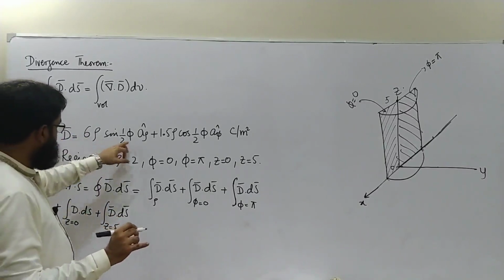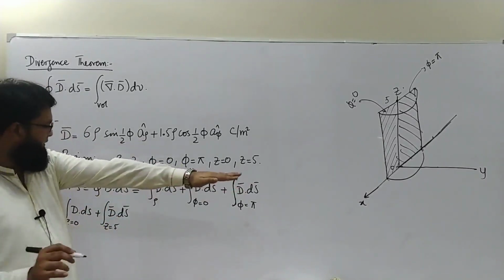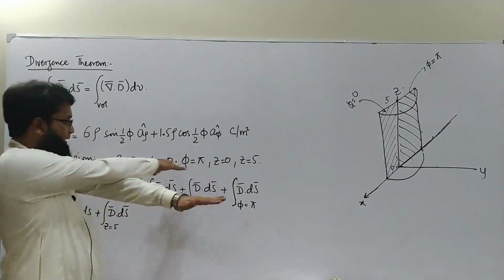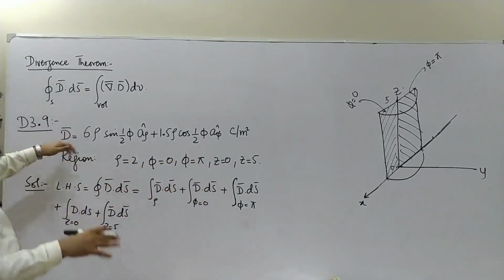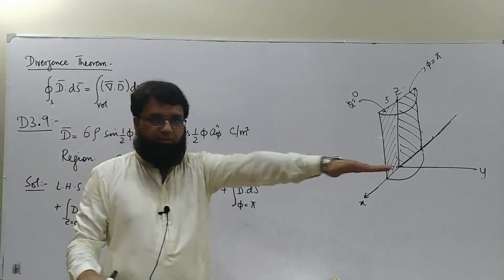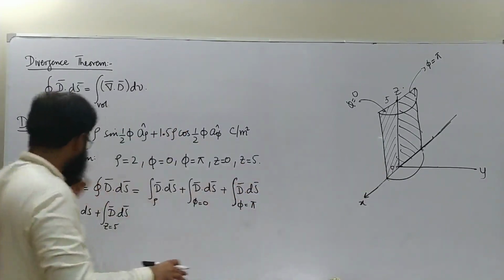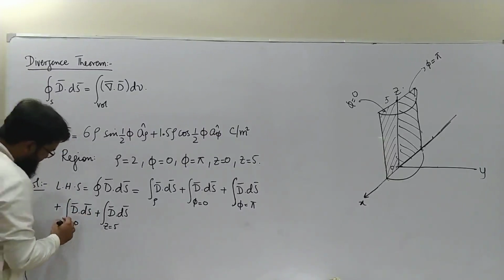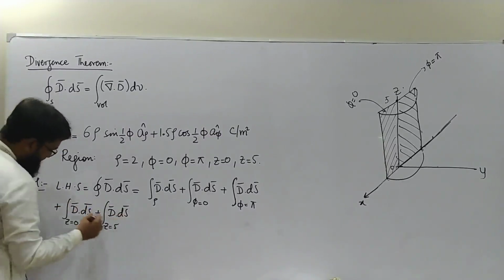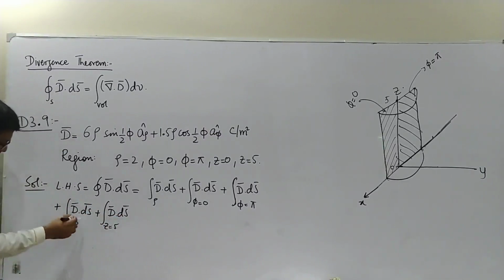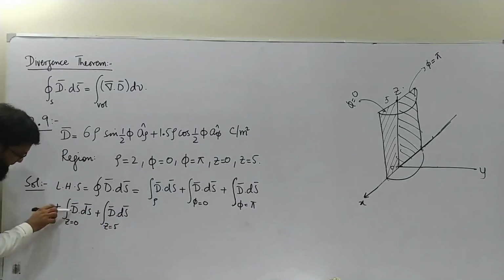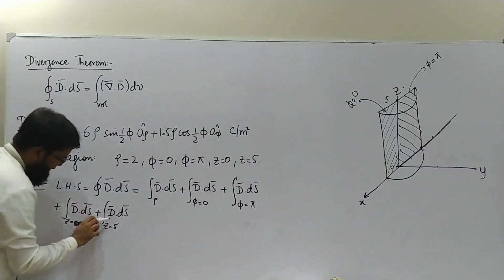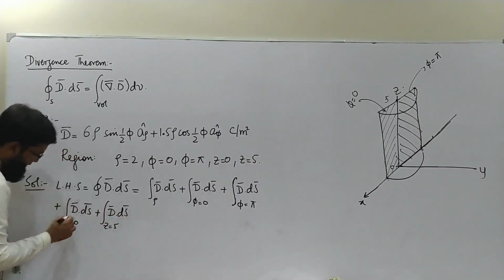Electric flux density has got a rho component which lies on the horizontal plane, and a phi component which lies on the horizontal plane. So this d will always be on the horizontal plane. The direction of field will always be on the horizontal plane. So if you try to calculate these two integrals, this is for the z equals 0 plane, which is a horizontal plane, and this is something perpendicular to the horizontal plane.